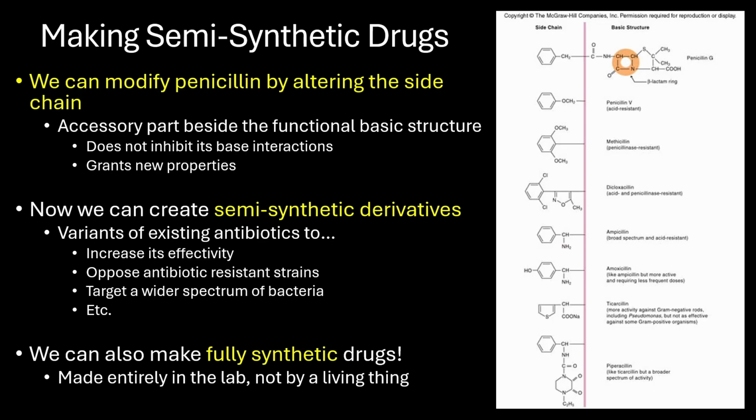We can now create what we call semi-synthetic drugs, these derivative compounds that we produce using an original natural product. Like penicillin, for example, we can change the side chain on it, add things to it to modify the function to make it more effective, to make it able to get around an antibiotic-resistant strain's defenses, or have it target a wider spectrum of bacteria, and more.